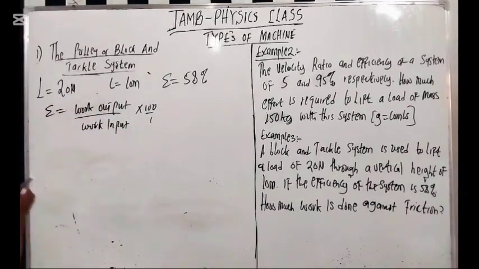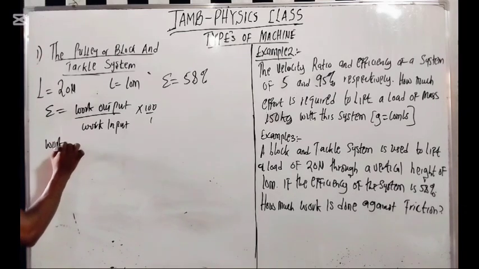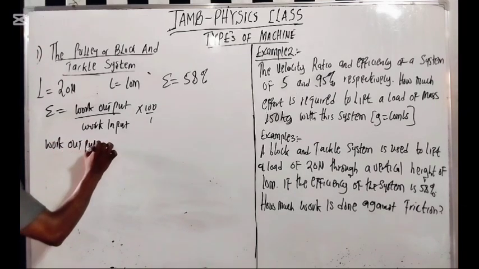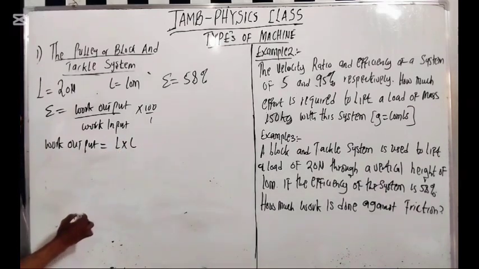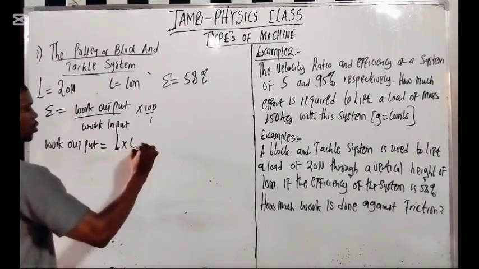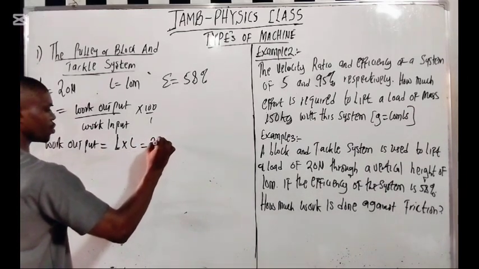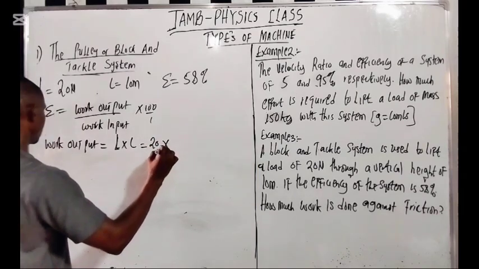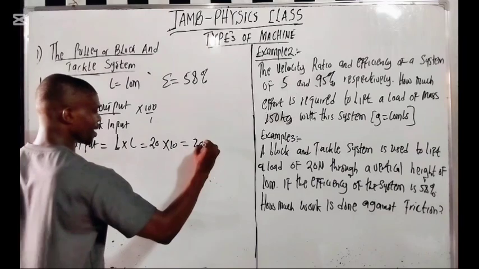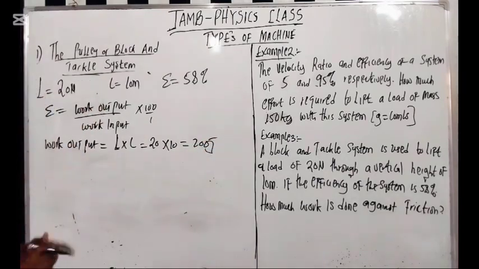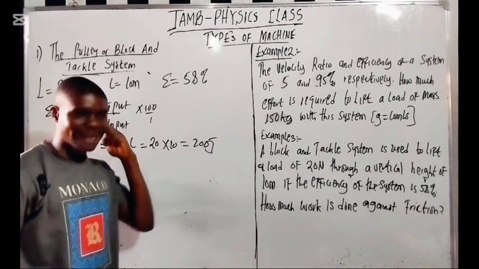Work output equals load times distance moved by load, which equals 20 times 10, which is 200 joules. Remember, the unit of work is joules.